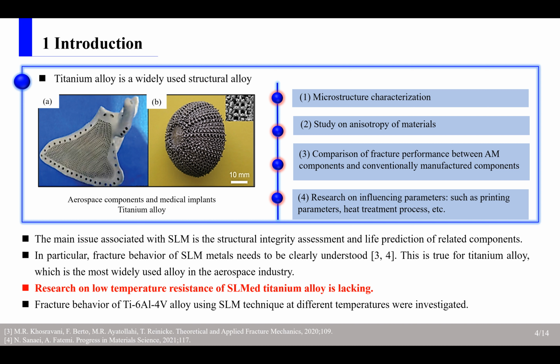This is true for titanium alloy, which is the most widely used alloy in the aerospace industry. Research on low temperature resistance of SLM titanium alloy is lacking. In this study, the fracture toughness of SLM titanium alloy using the selective laser melting technique at different temperatures was investigated.